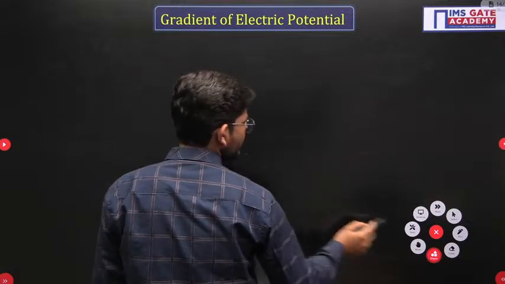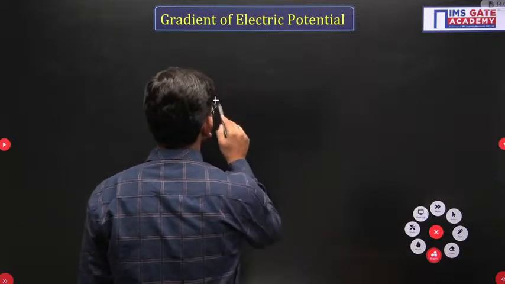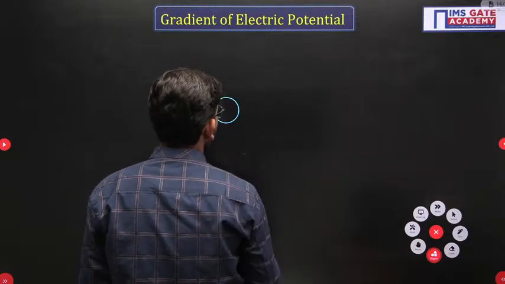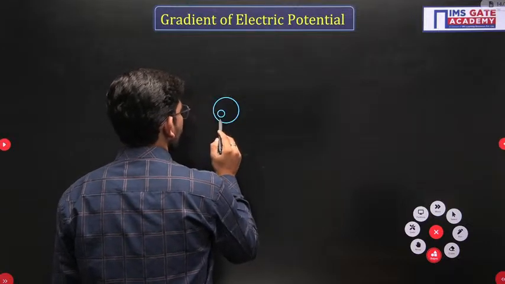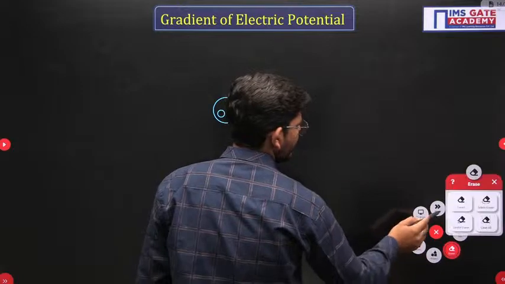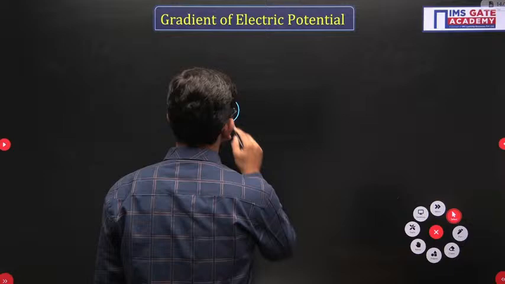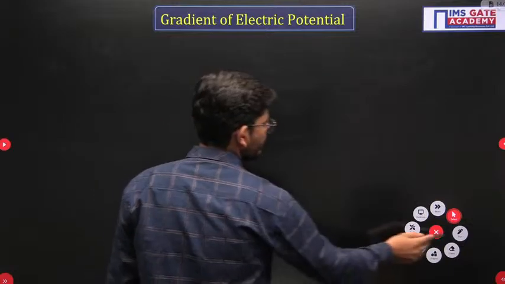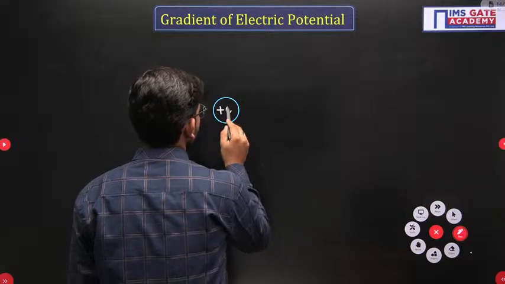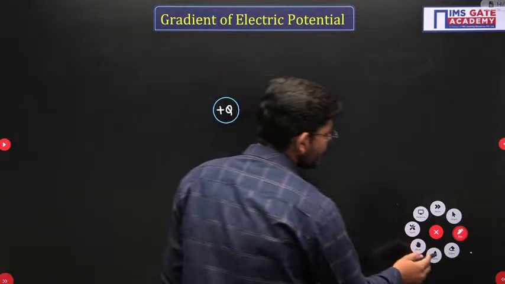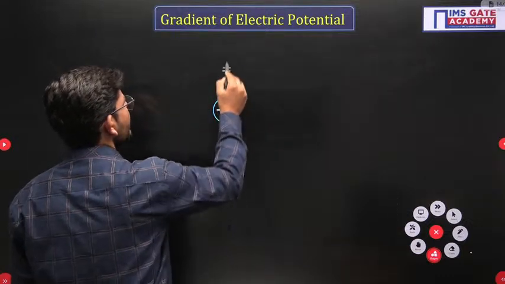Suppose this is the positive charge that I have, plus q. Now this plus q will have electric field all around it. Let me draw that.